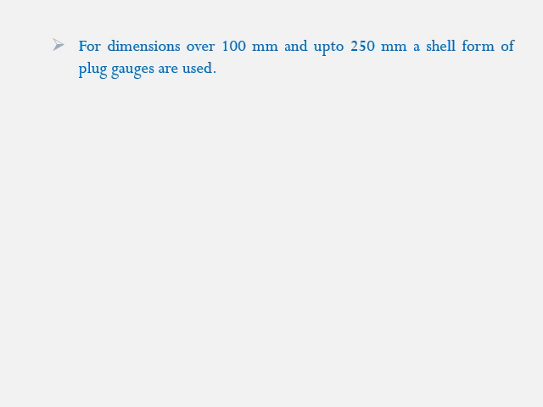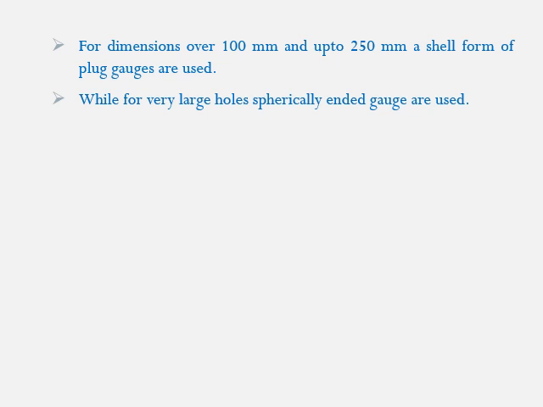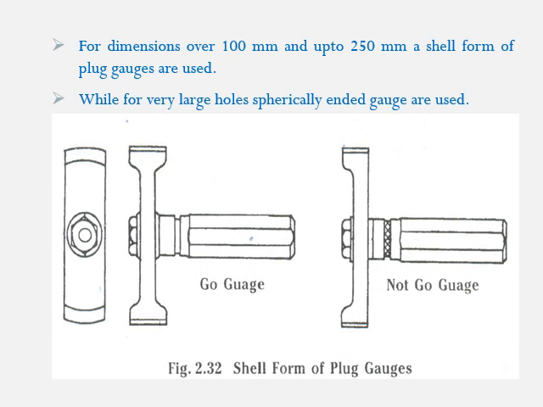If the dimensions of the hole are above 100 mm and up to 250 mm, a shell form of plug gauge is used, because a full plug gauge cylinder would become very heavy. So for very large holes, spherically ended gauges are used, made in shell form.